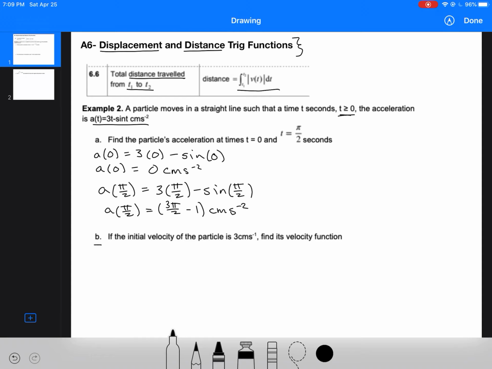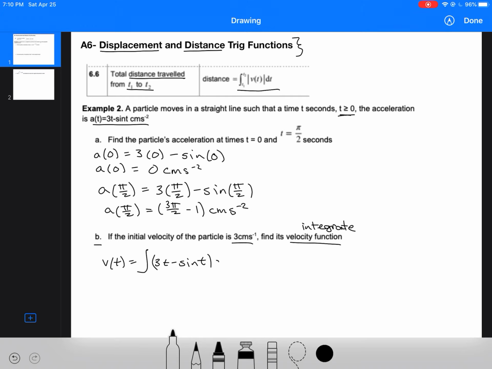Part B says if the initial velocity of the particle is 3 centimeters per second, find its velocity function. This should be giving you the clue that you need to integrate because you're given the acceleration function. We're going to use an indefinite integral and our initial conditions to find our velocity function.